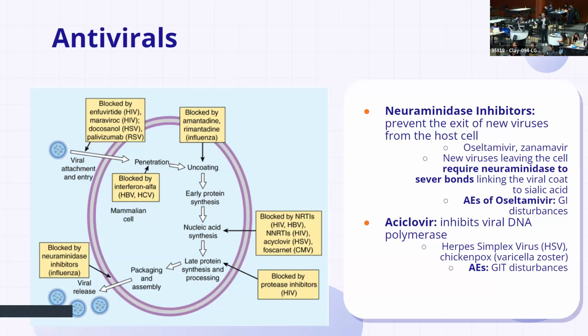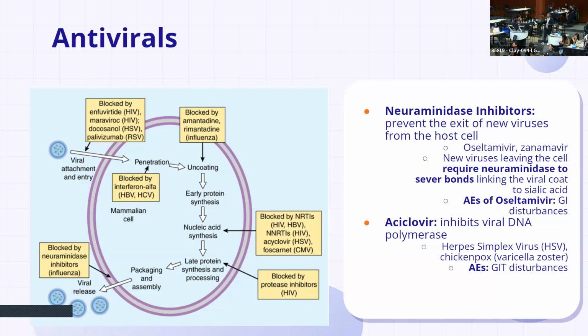That's probably the best way we have at the moment of treating the flu with antiviral drugs. The main ones you need to know are oseltamivir and zanamivir. They're the two main ones. The adverse effect, again, is gastrointestinal disturbances, but usually it's pretty well tolerated.